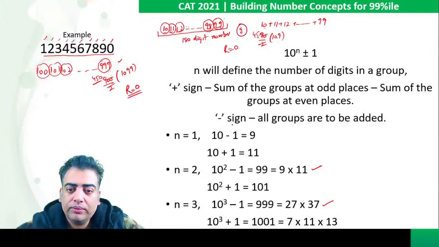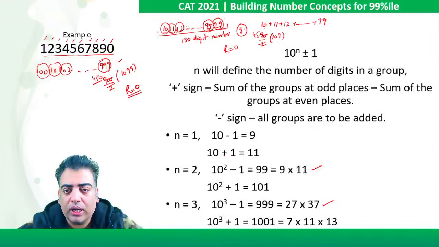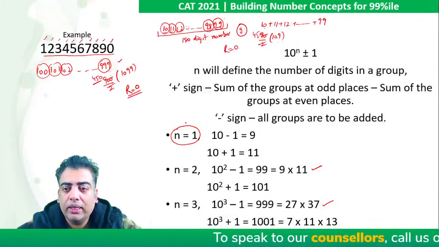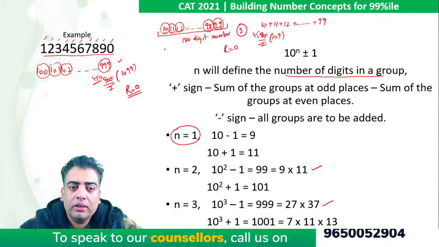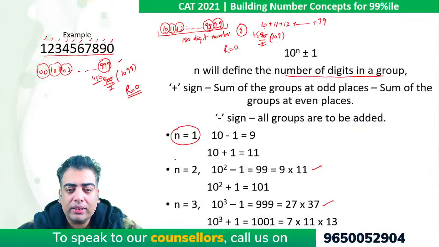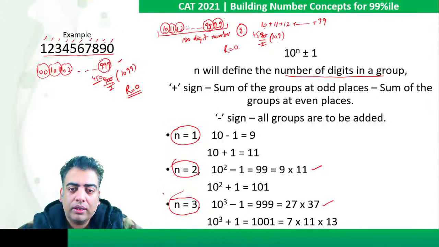All right. So these rules now explain the value of n will define the number of digits in a group. हमने 1 digit रखना है, 2 रखने हैं या 3 रखने हैं, that is defined by the value of n, right?